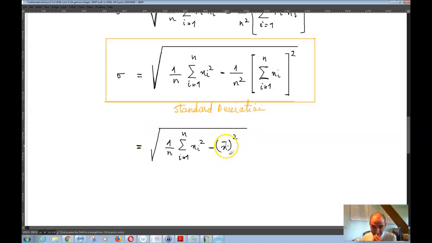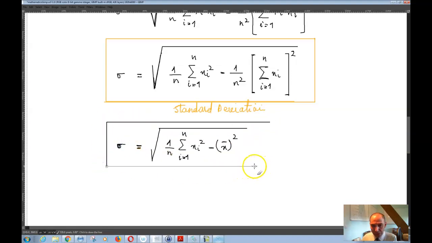So that is the formula that you can use to calculate standard deviation.